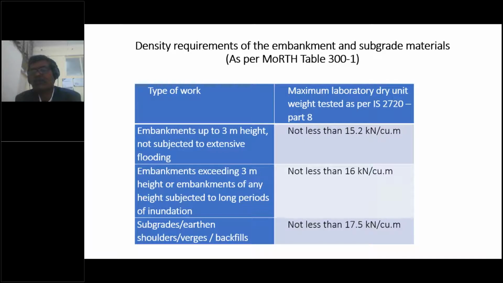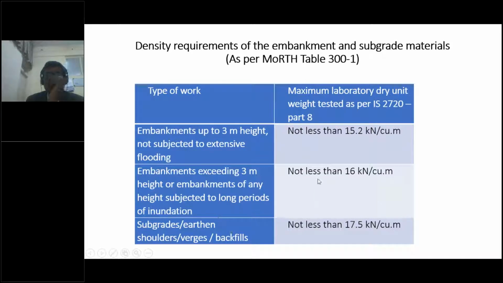Approximately it's 1.75 gram per cc. This is the material requirement, not the compaction requirement. Any material that we use in subgrades, that soil should yield when we test in the laboratory, modified Proctor density should give so much value, 1.75 gram per cc. Only that soil is qualified for use in shoulders, verges, backfills, or the subgrades.